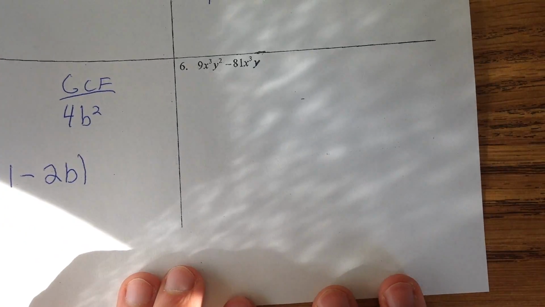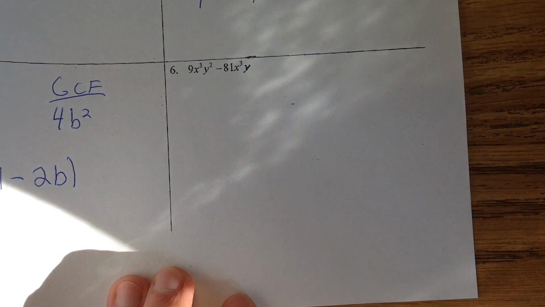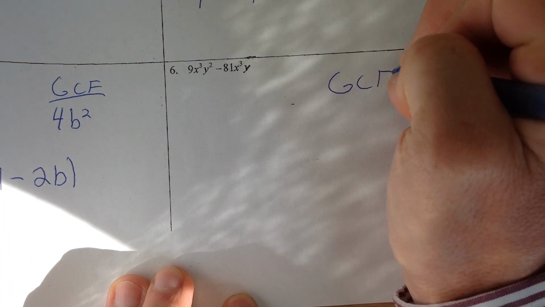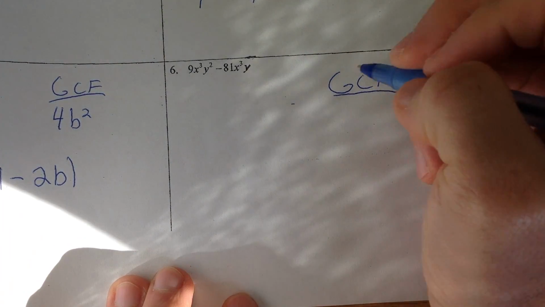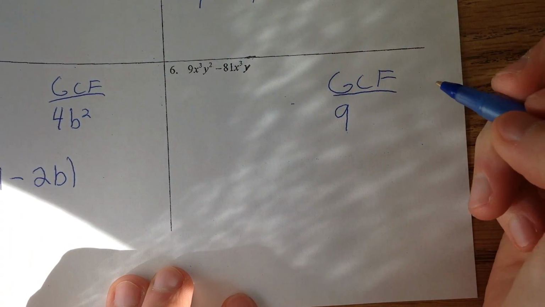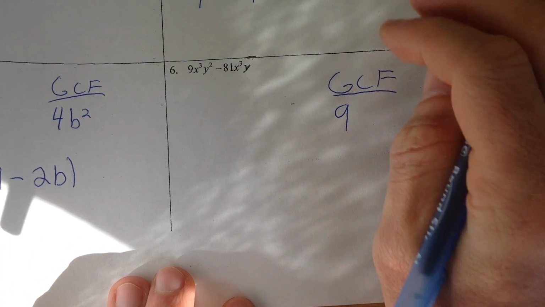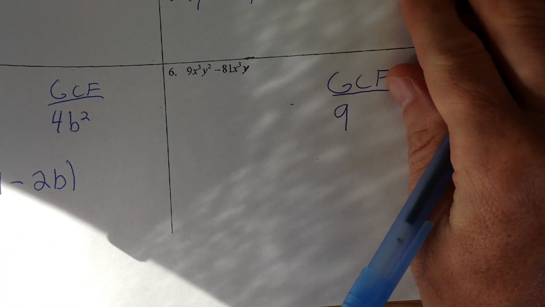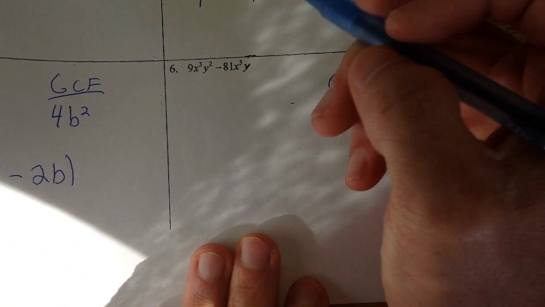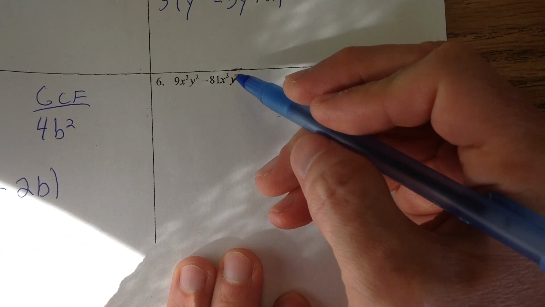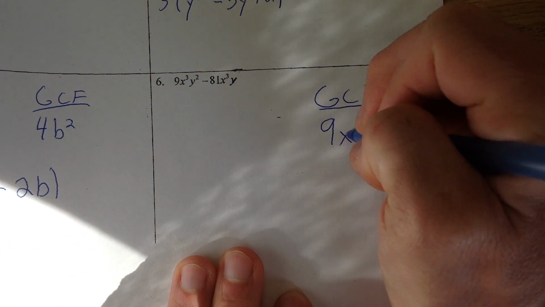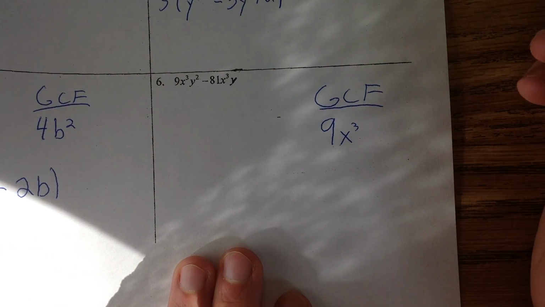All right, last but not least on the front here. The GCF of 9 and 81 is going to just be 9. And again, you can do that on your calculator if you're not sure what those are off the top of your head. And then we have an x cubed and an x cubed. So we're just going to use the x cubed because they're both the same.